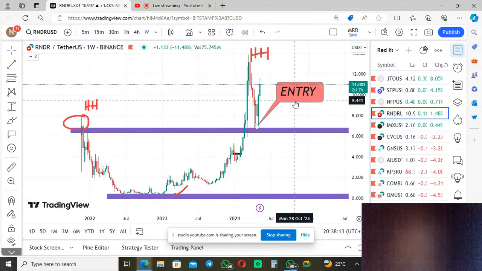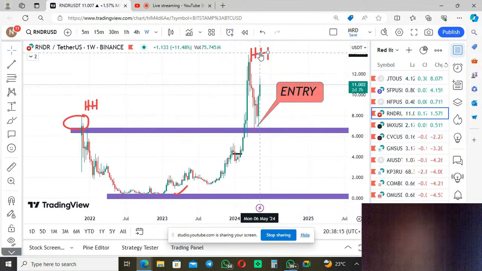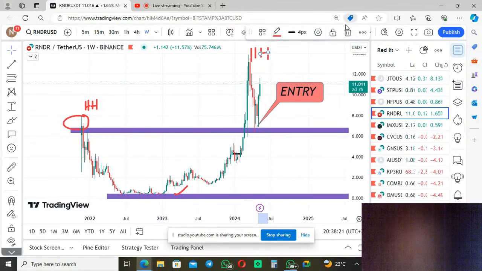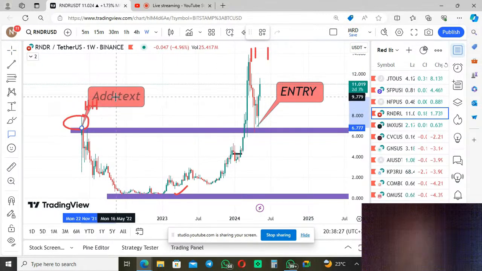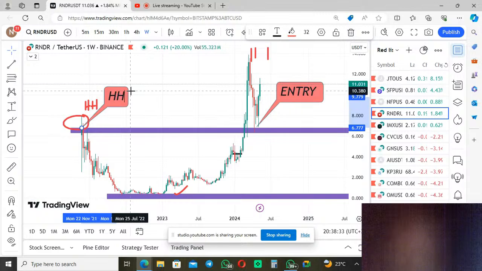Here where you are seeing our entry, I'm going to name each and everything here so that you understand. Let's go. On this point is the previous high. Higher high.